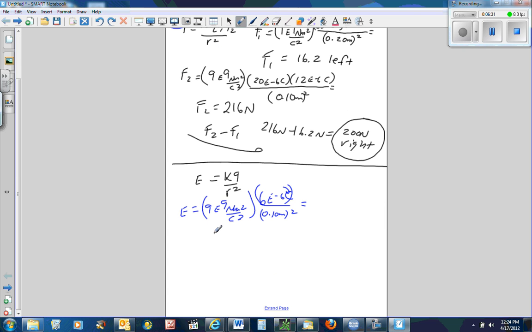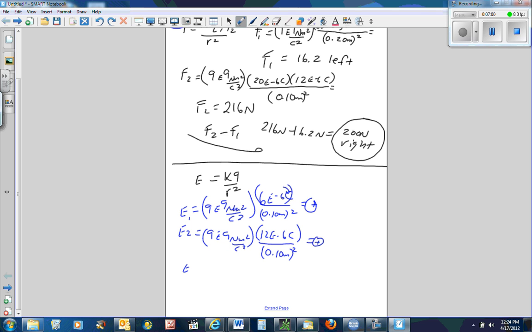That's E1. E2 is going to equal 9e to the 9th newtons meters squared per coulomb squared times 12e to the negative 6 coulombs. Notice I don't use the negative in there. I have to look and see what direction the electric field is. That was also 0.1 meters from it, squared. That gives me a number. Both these are positive numbers, by the way, because they point to the right.